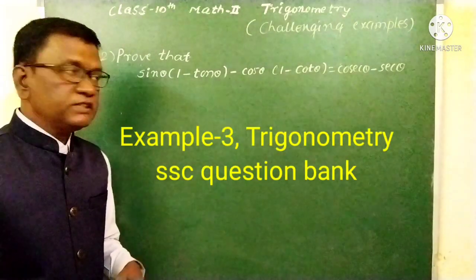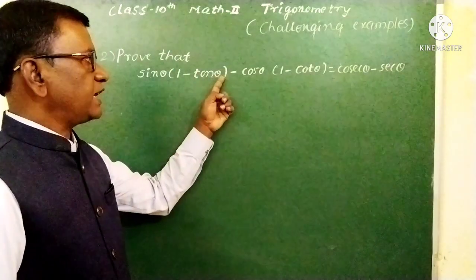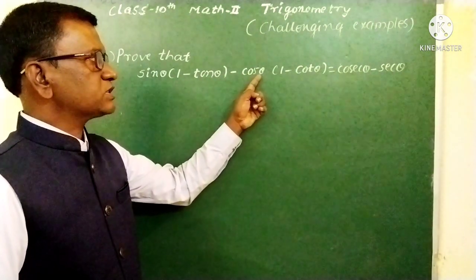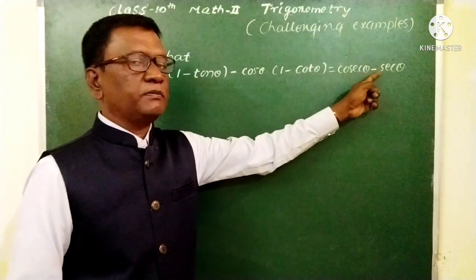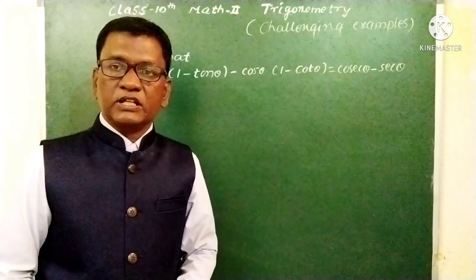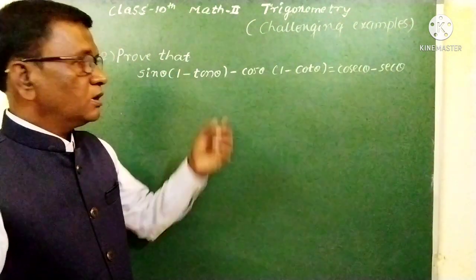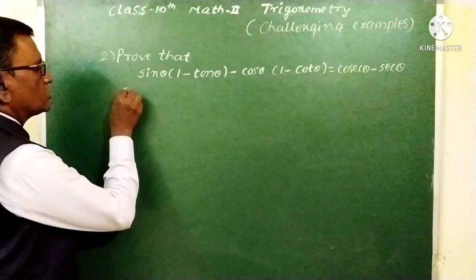Our next example is: prove that sin theta into 1 minus tan theta minus cos theta into 1 minus cot theta is equal to cosec theta minus sec theta. This is one more challenging example. Let's see how to solve.